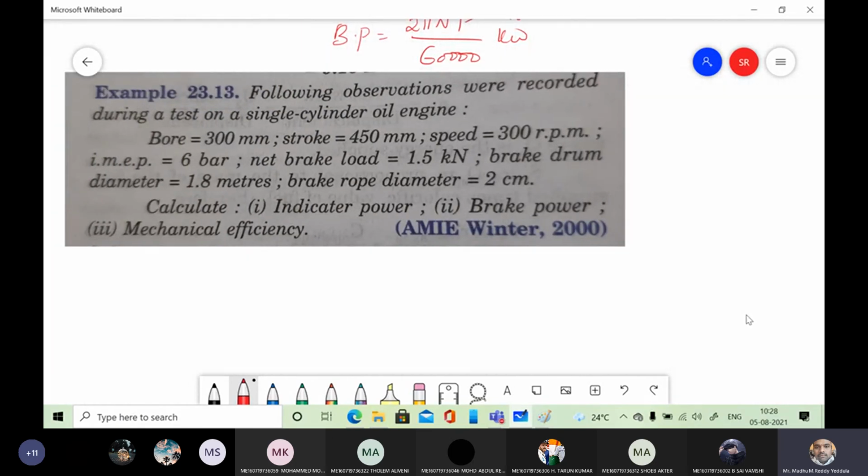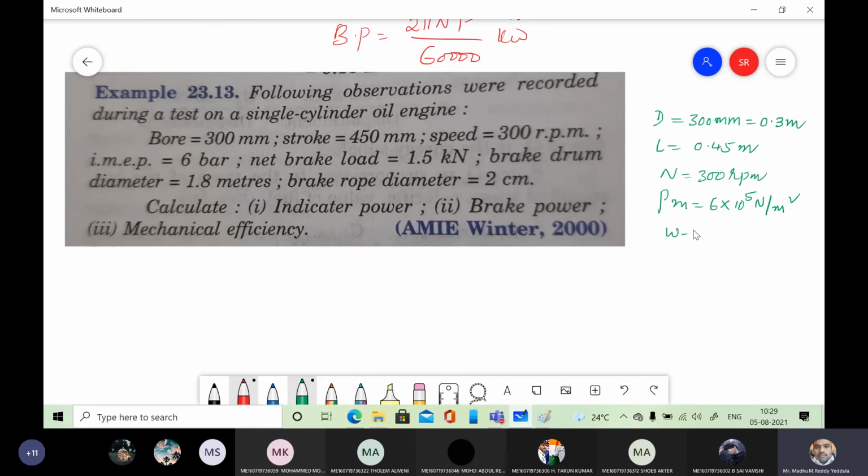Are you able to see the problem? The following observations were recorded during a test on a single cylinder oil engine. Bore D is 300 mm, that is 0.3 meter. Stroke L is 0.45 meter, speed N is 300 rpm, and mean effective pressure is 6 bar, that is 6 into 10 power 5 Newton per meter square.